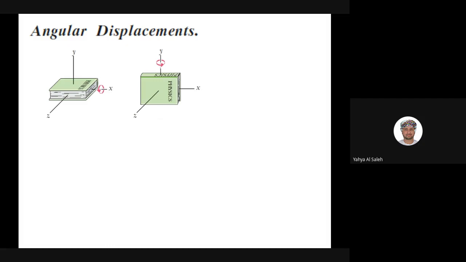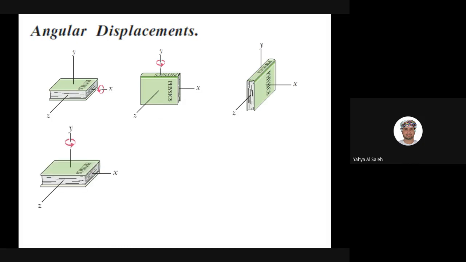Then rotate it 90 degrees along the y-axis. It will look like this. Yeah? So far, so good? Now, I will return the book like it was. But now, instead of rotating x then y, I will rotate y then x.